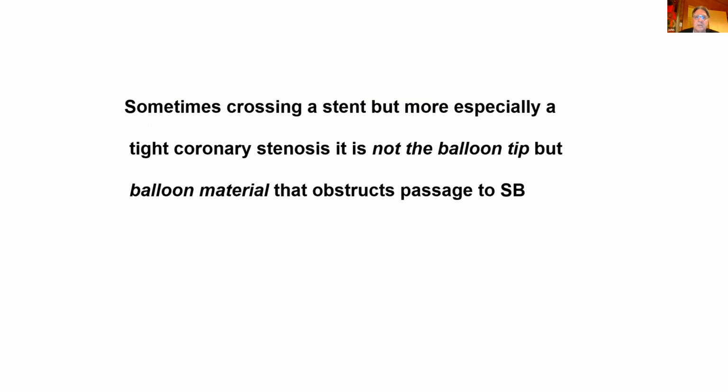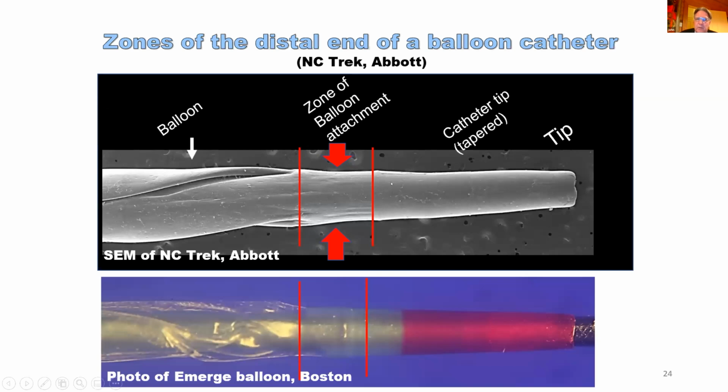Sometimes, if you try and cross a tight coronary stenosis, it's not the balloon tip that obstructs passage, but the area of the balloon where the balloon material is attached. So this is the tip of a balloon here, which is made by extruding plastic. Here is the zone of balloon attachment to this, and here is the balloon.